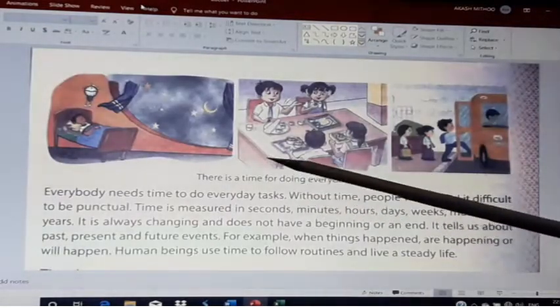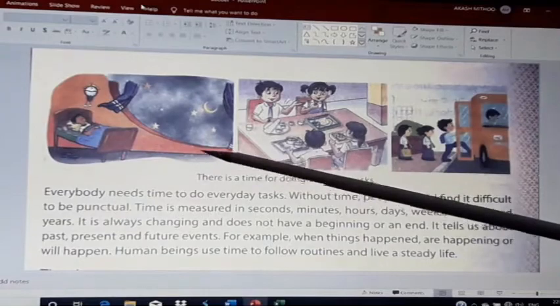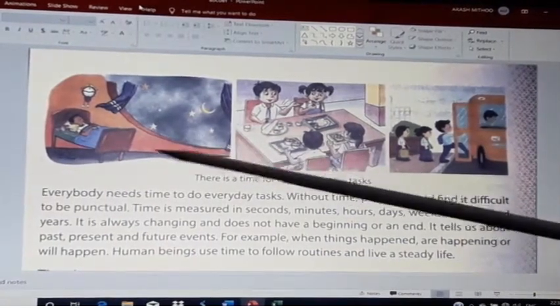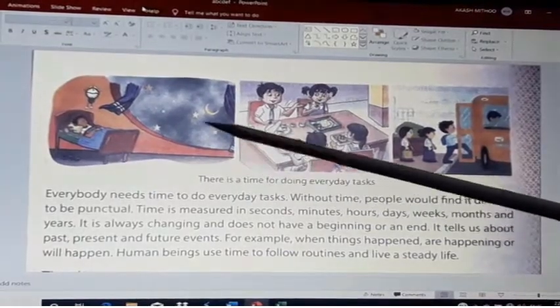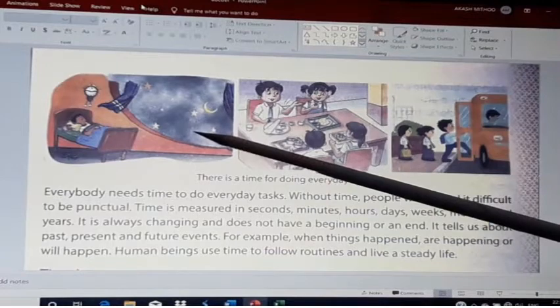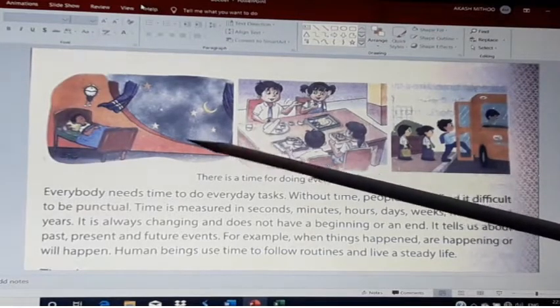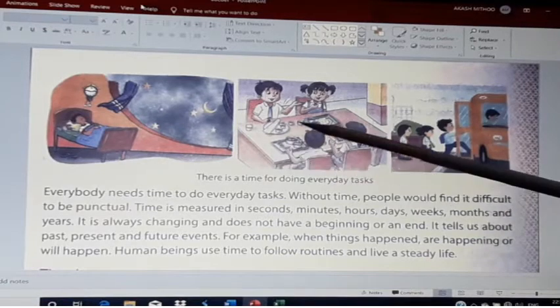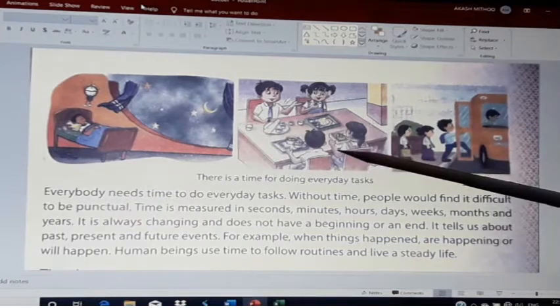Look at these pictures. In the first picture, you can see this is the night time. At night time we rest and we go to sleep. The next day, that is after sunrise, we start our day with our work.